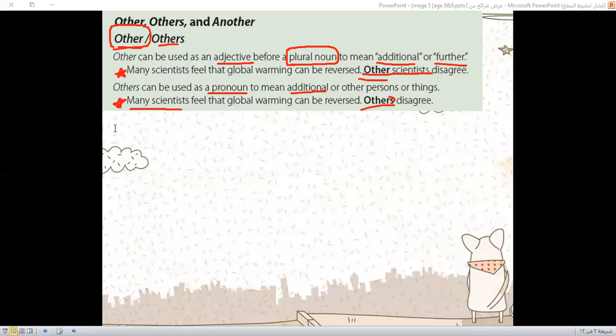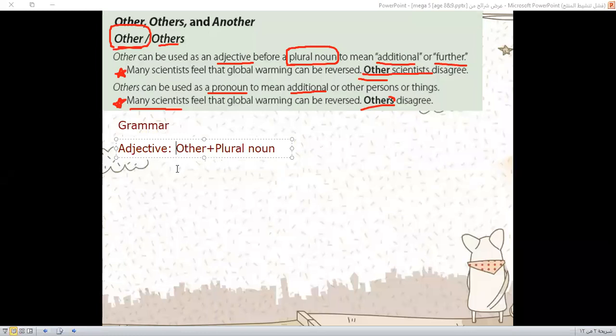Okay. طيب. Now in your notebook, I need you to write with me. So the first one was other. Both of them mean in addition. So other plus what? Other plus plural noun. Yes, plural noun. If I want to use it as an adjective, thank you, Yaqeen, I will use it as other.